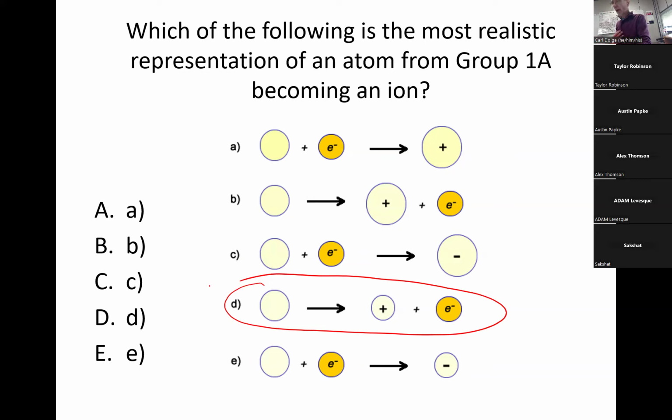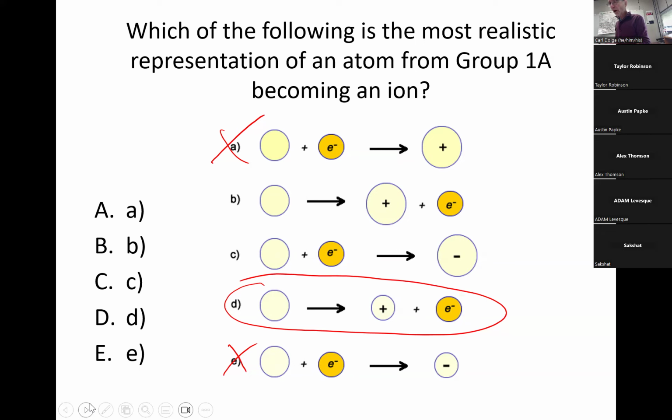So unfortunately, some folks chose E as the correct answer. So no, metal atoms do not become negatively charged. And some folks still insist on that. So no, those are not valid answers. So D is the best answer here.